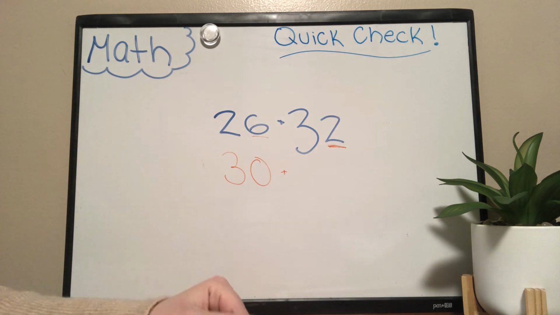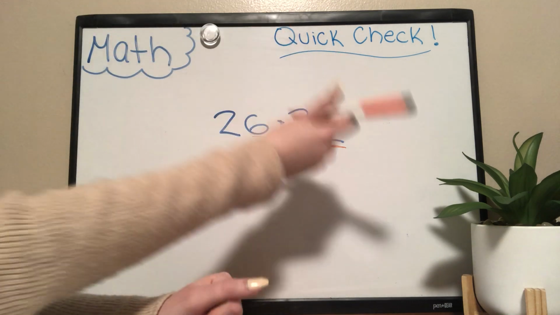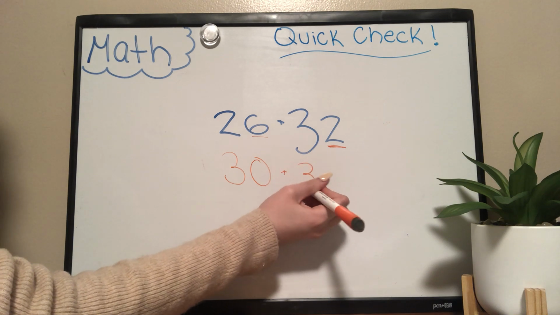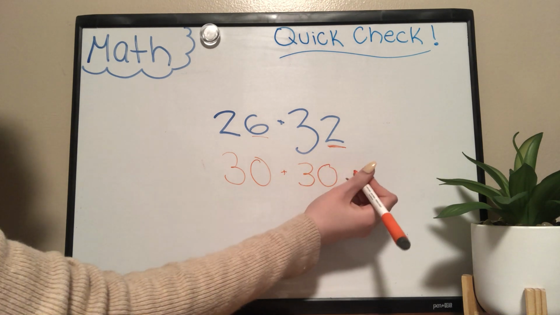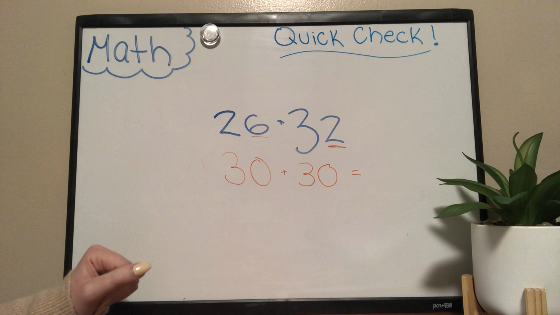Nice, down. Great job. So are we going down to 20 or are we going down, oh no, not 20. Are we going down to 30 or are we going down to 40? Awesome, we're going down to 30. And now we can go ahead and get our answer.